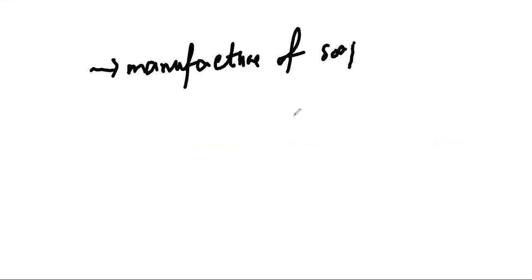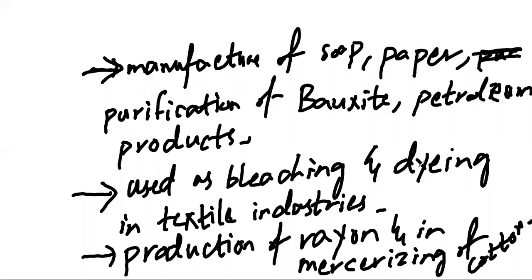What are the uses? Caustic soda or NaOH is used to manufacture soap, paper, purification of bauxite, then also for petroleum products.